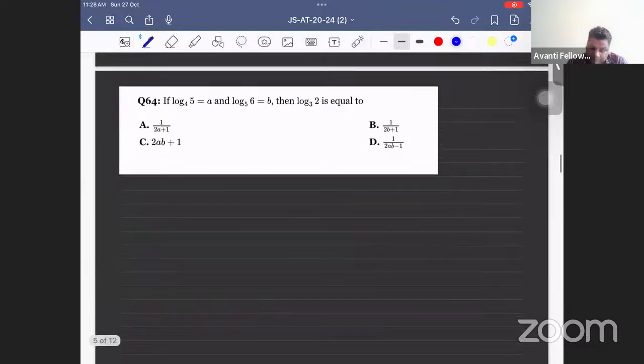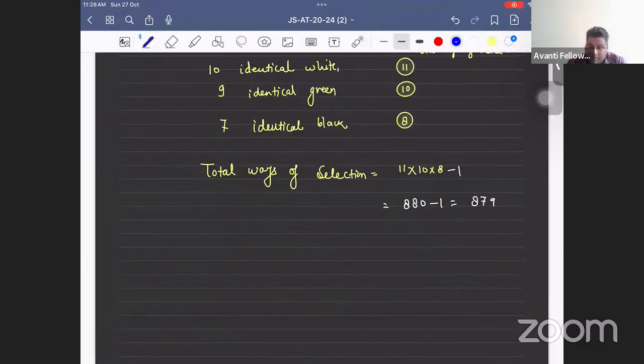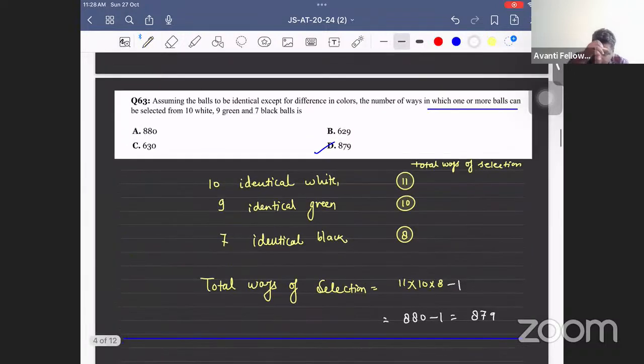Now another one. Okay, one more thing I would like to tell you. Had this question been like this: everything is fine, but they also include, say, 6 distinct blue balls. Now there are 6 blue balls which are distinct.